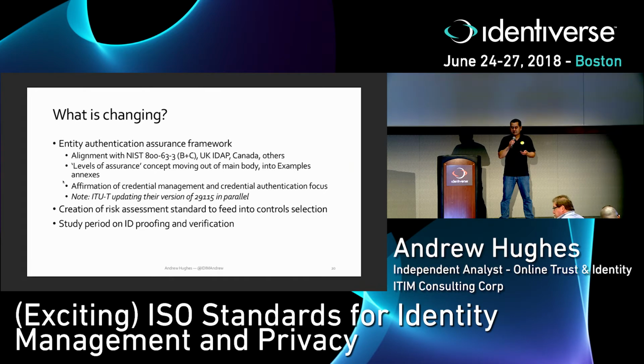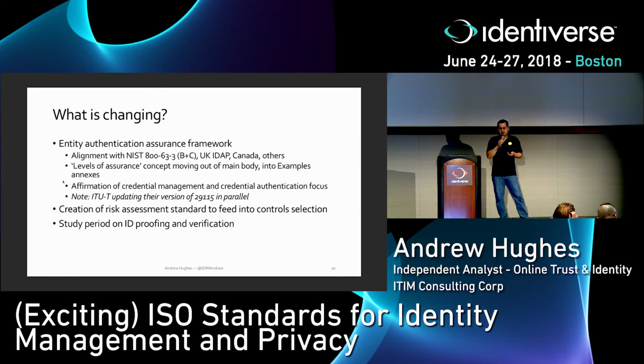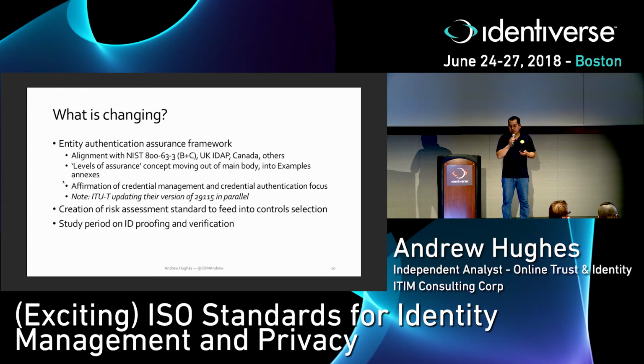In parallel, if you notice from a previous slide, ISO and ITU-T. So ITU-T is a UN-sponsored organization dealing with information and communication technology standards, ICT standards. They are updating their version of 29115, entity authentication, at the same time.